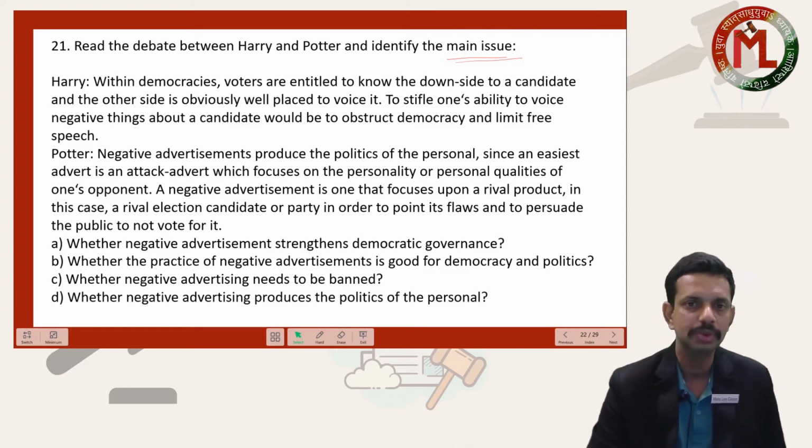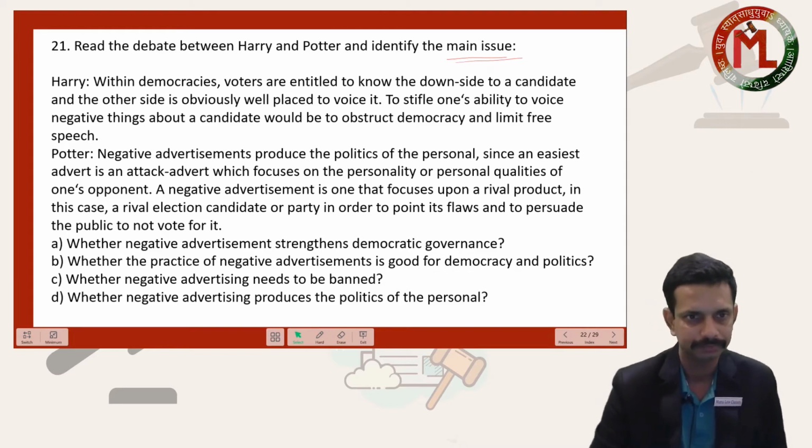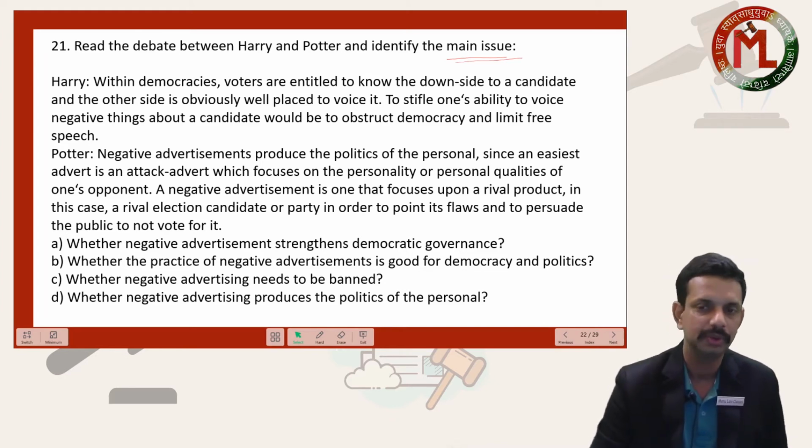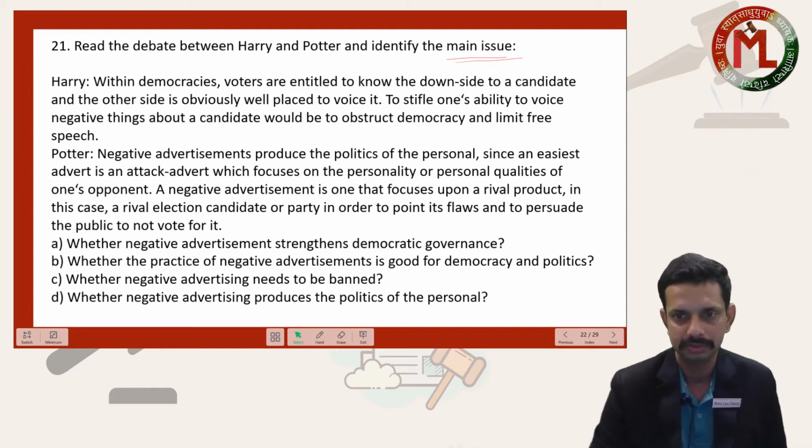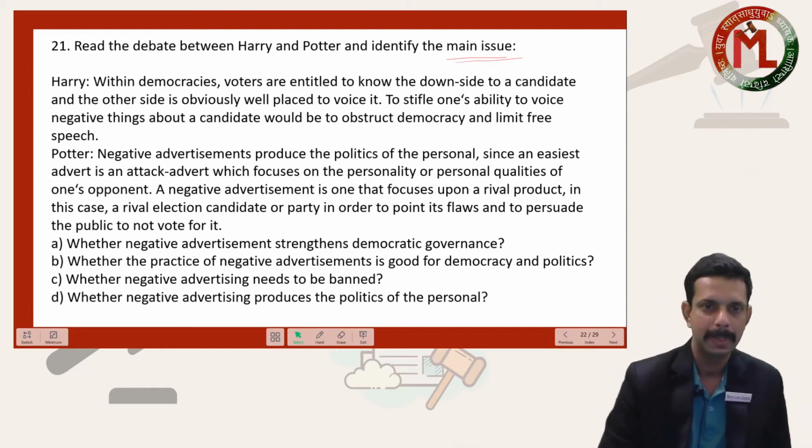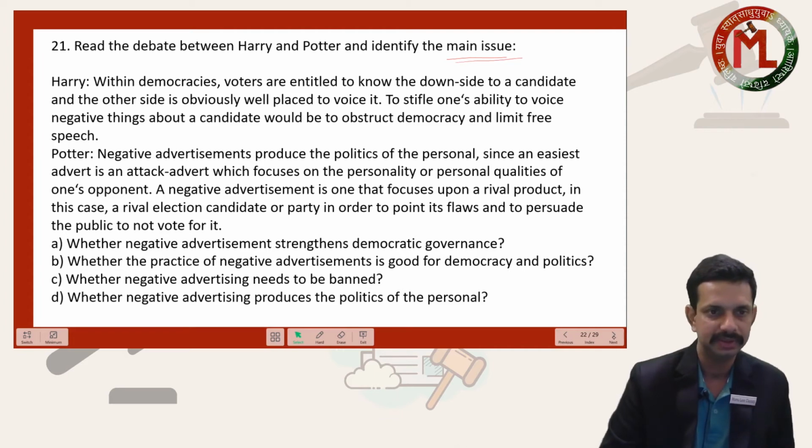So on the basis of these 2 statements, we can arrive at a conclusion. And we can also arrive about the idea of the topic. Next thing.